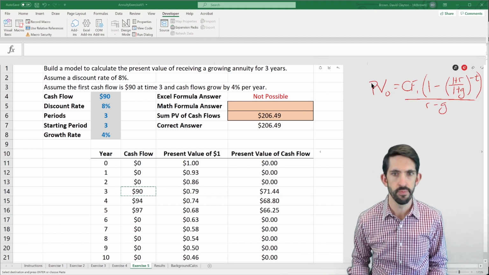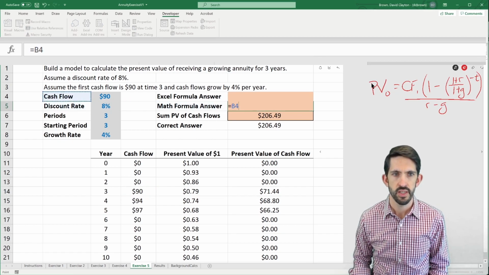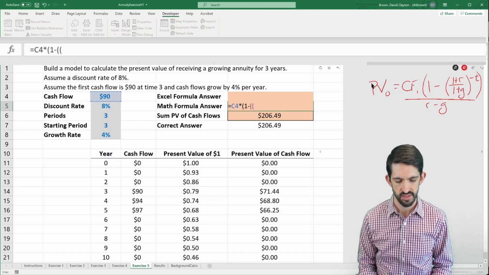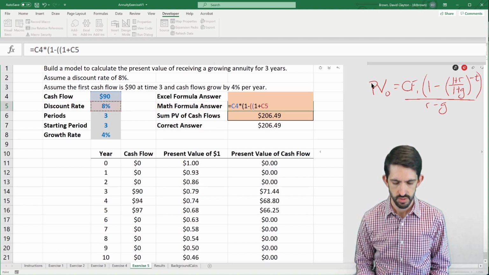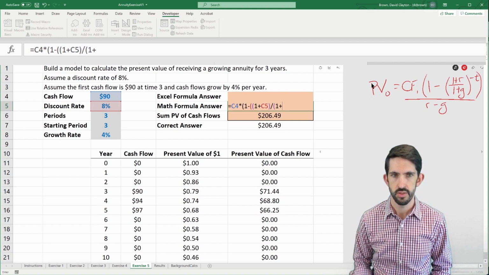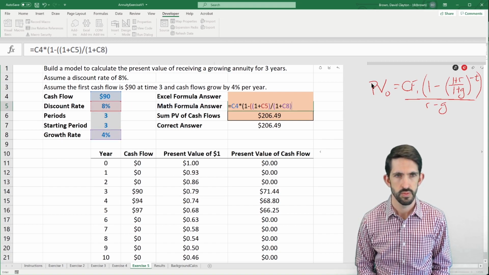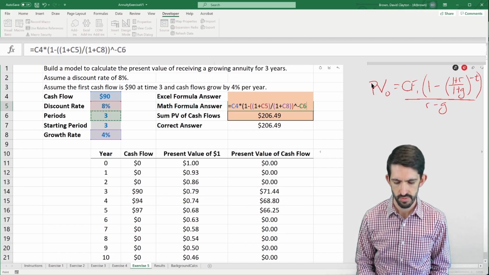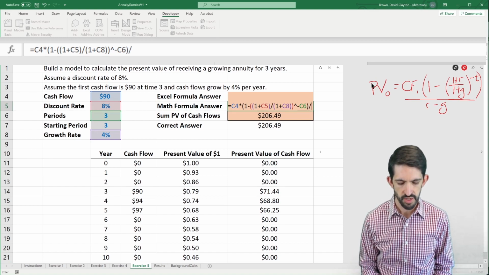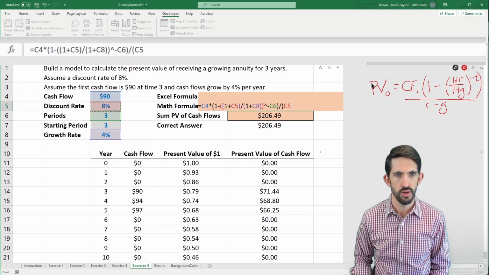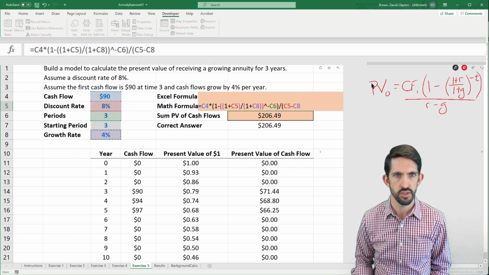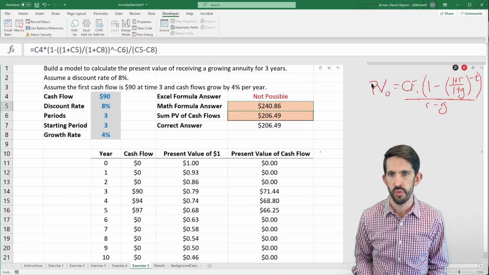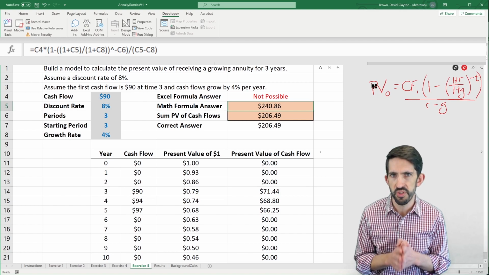Now let's go ahead and type that in. So we're going to type cash flow times, again, pay attention to your parentheses, 1 minus 1 plus R divided by 1 plus G, close both parentheses, raised to the minus 3 periods, divided by R minus G, and we get 240.86, and we say, oh, what wasn't right here?